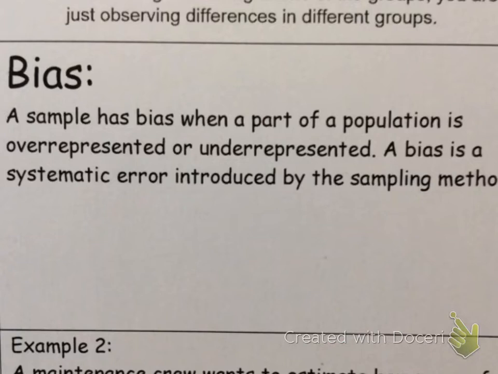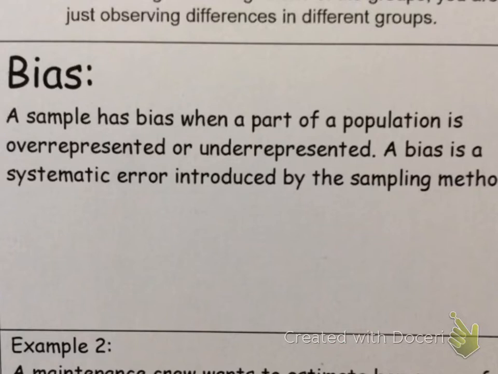Okay. One more thing to talk about here, then we're finally going to get to some examples here. So the very third thing, the last thing we're going to talk about today here is bias. A sample has bias when a part of a population is overrepresented or underrepresented. A bias is a systematic error introduced by a sampling method.